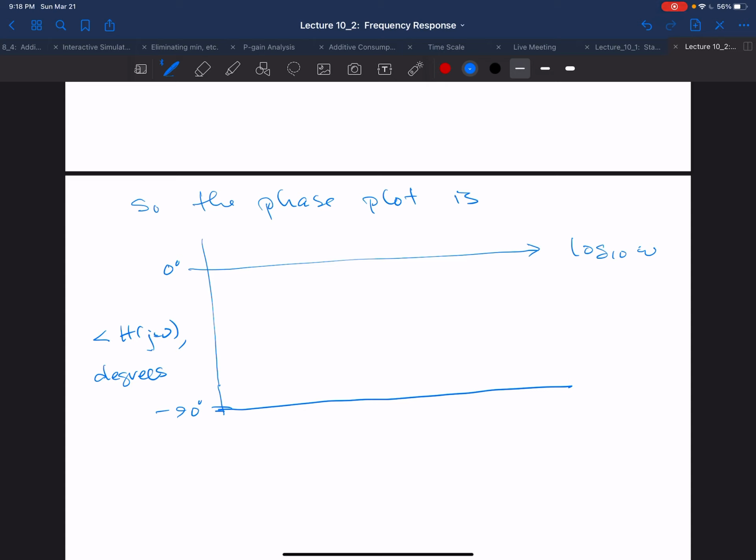And there's a more neatly drawn version in the lecture notes, which draws both the magnitude and phase curve on a bit of so-called semi-log graph paper.